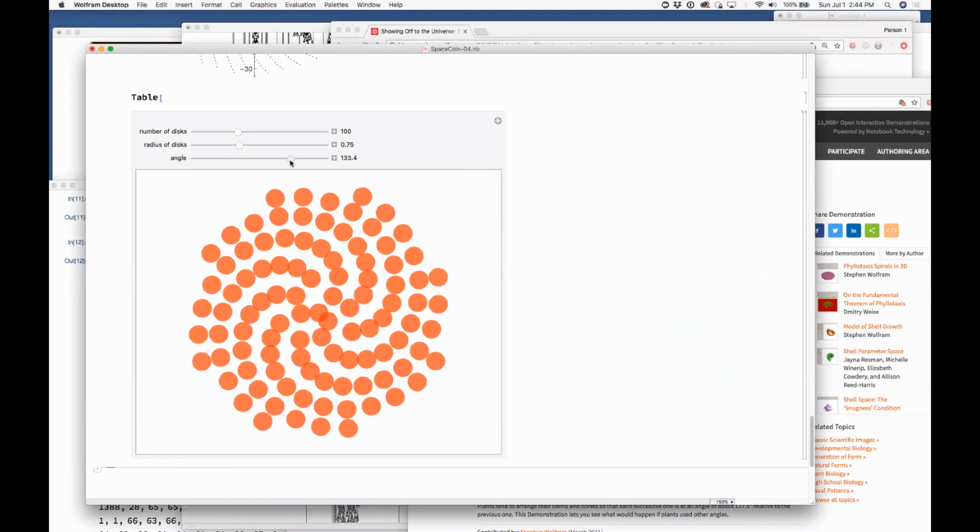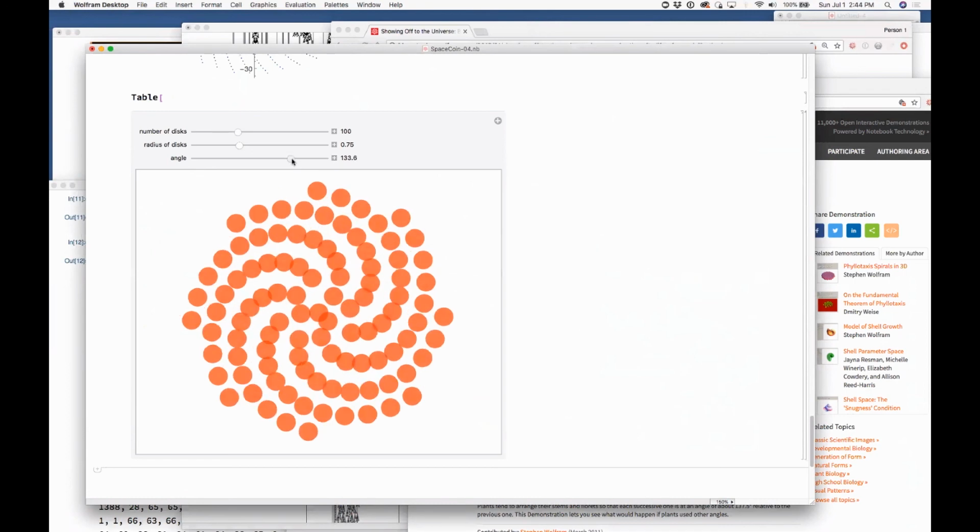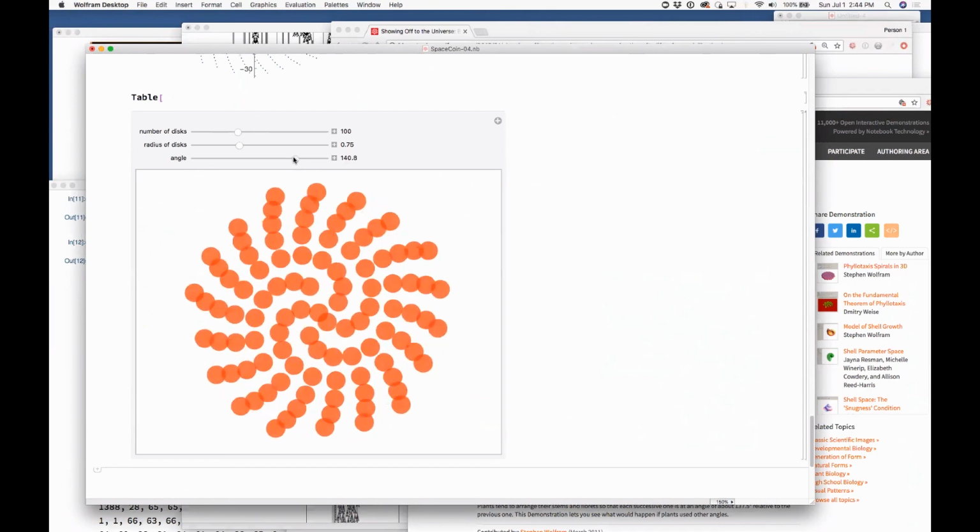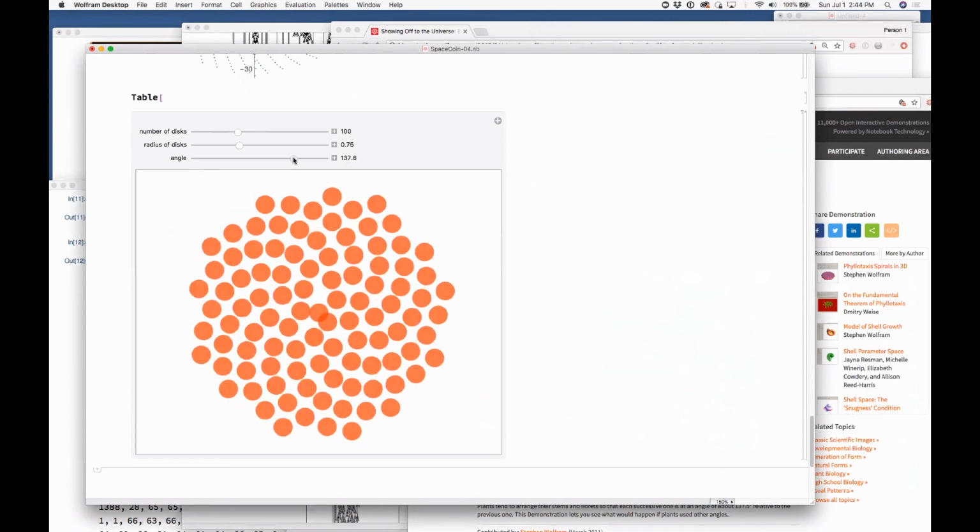What's the golden ratio angle? 137.5? That's what I thought it was, but this is a 137. Oh, okay. It goes through. It has a nice behavior there. There we go. So there, it's evenly packing the disks. That comes closest to evenly packing the disks in the plane.